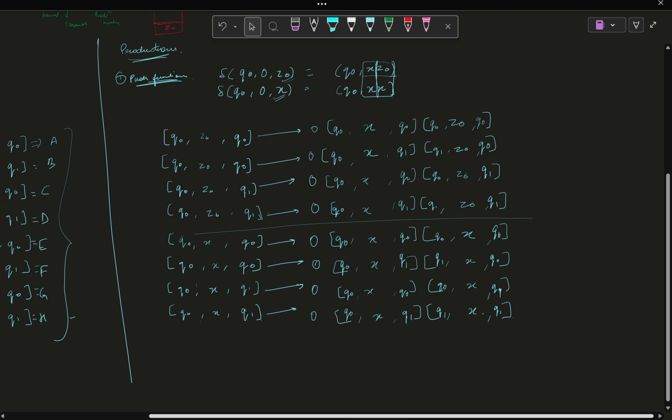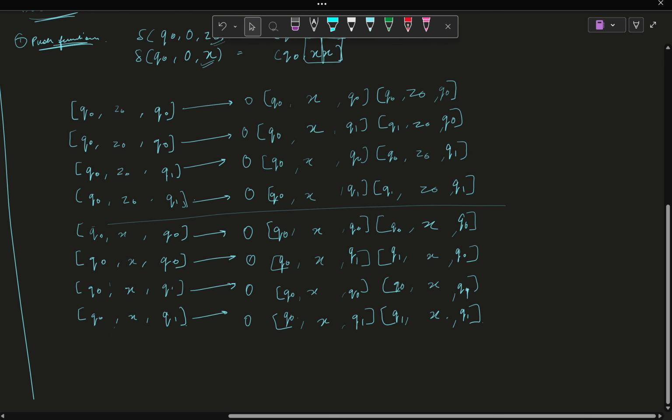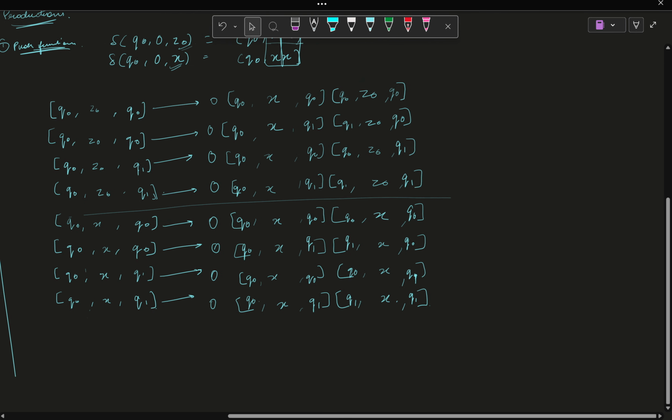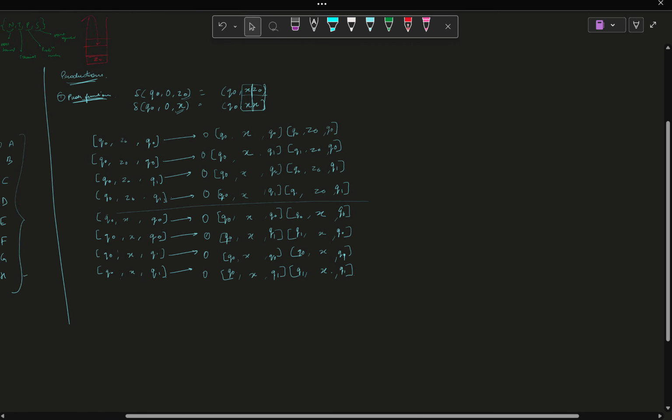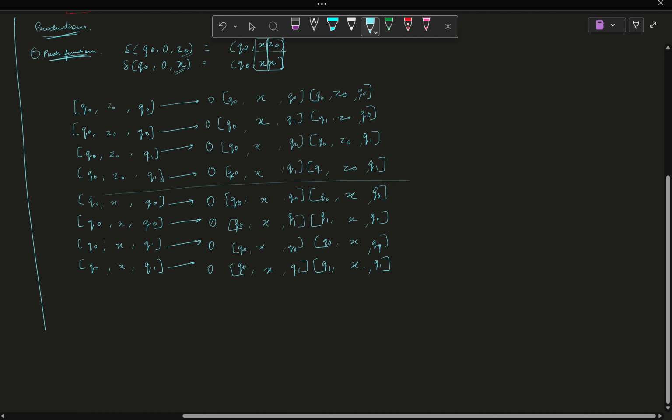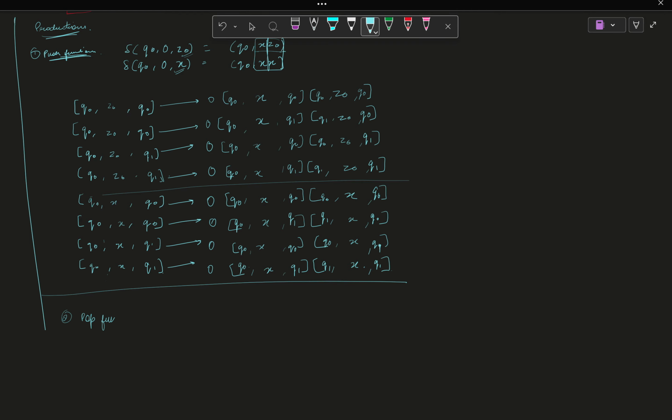So now that we are done with all of our push functions, we can also reduce them down further, but let's keep it like this for now. Now let's start defining our pop functions. Pop functions are really easy to design and to implement.